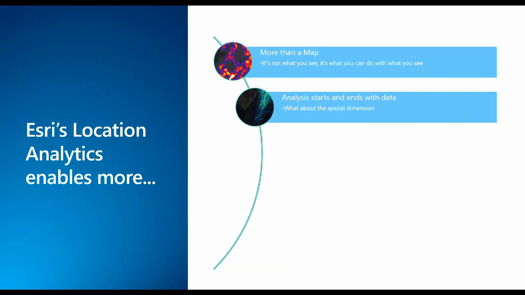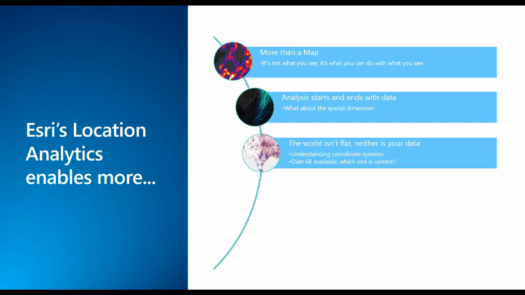It's not just about placing your customers on a map or seeing where your sales territories are. It's a lot more than that, and that spatial dimension is treated as a first-class citizen in the Esri environments within these Microsoft integrations.